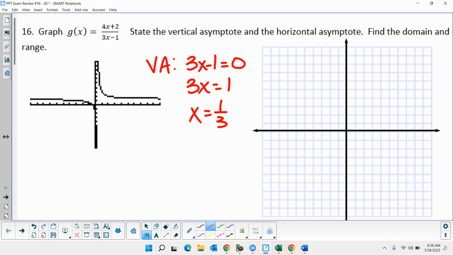So whatever makes the bottom, the denominator, 0, is your vertical asymptote. Okay, and then that goes with your domain. X could be anything but 1/3. Okay, so when I graph that 1/3, it's around there. We usually make it a dashed line.